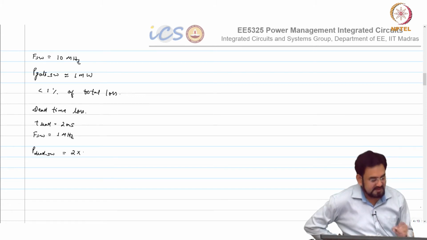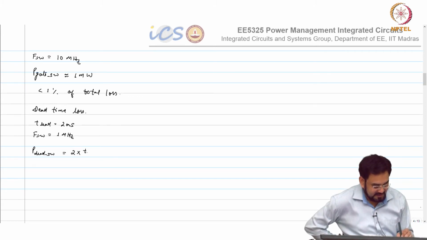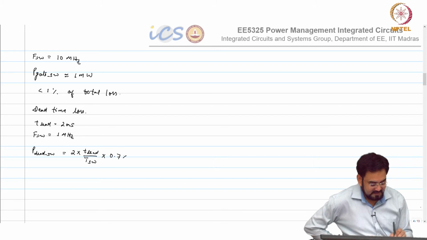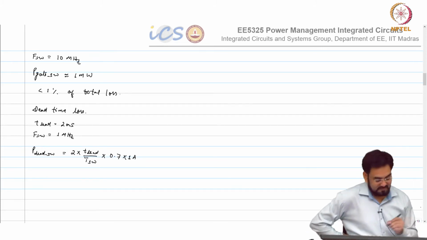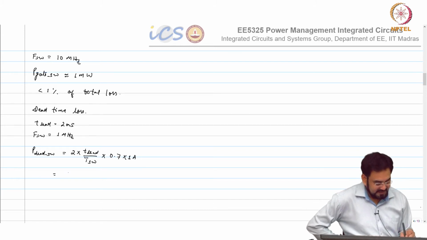So, twice into T dead over TSW into 0.7 into 1 amp. So, T dead is 2 nanosecond, twice divided by 1 microsecond into 0.7. How much is this?